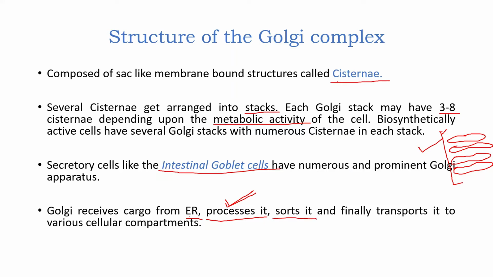By sorting, I mean that it selects the materials which have to go to different organelles. So suppose some proteins are meant to be targeted to the lysosome. Those proteins will be sorted in one vesicle. Some proteins which have to be targeted to the plasma membrane, those proteins will be sorted in another vesicle. And finally, this cargo is transported to the various cellular compartments.